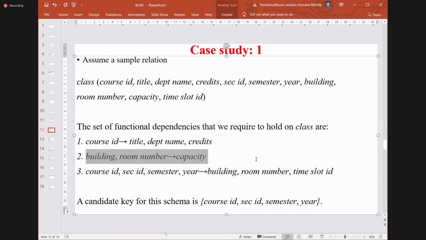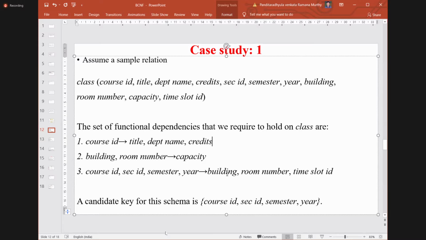If you give that information, then we can say where that class is. The class may be in a specific building. It may not be a single building. If you give this information, we can identify a building, in that building the specific room number and a specific time slot. So if you give this information, you can get the other information.